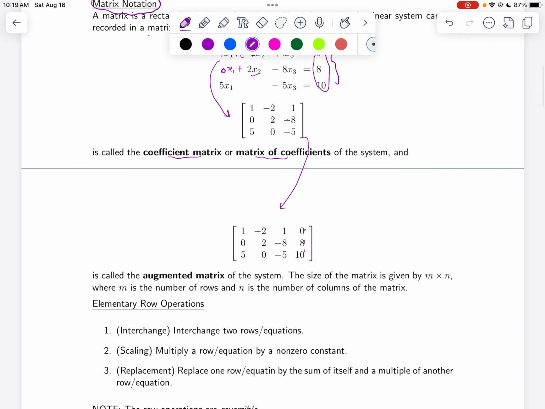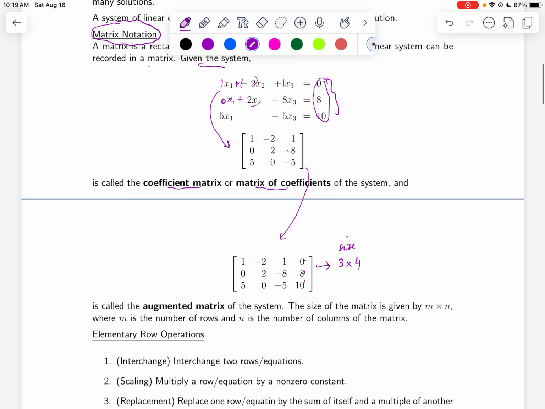Now the size of the matrix is given by m by n. So m is the number of rows and n is the number of columns. So this augmented matrix is of size 3 by 4. So that's how we write the size. Now, I showed you how to get the augmented matrix from the system of equations.